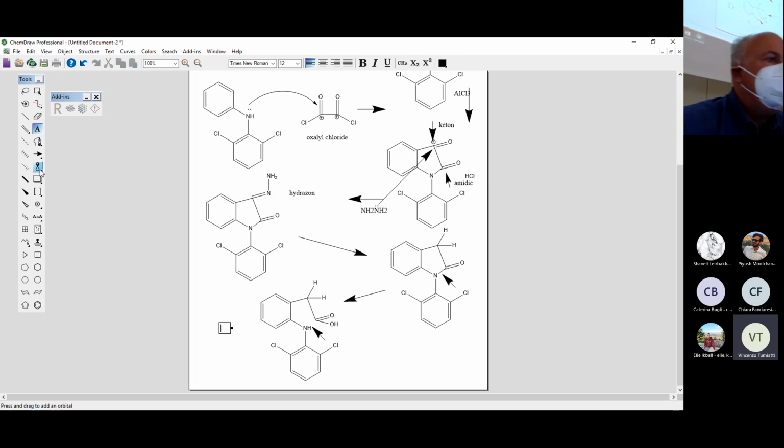So the starting point is represented by diphenylamine. Diphenylamine is able to attack the activated oxalic acid.